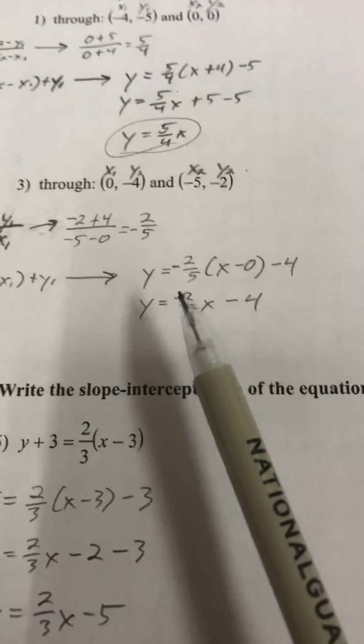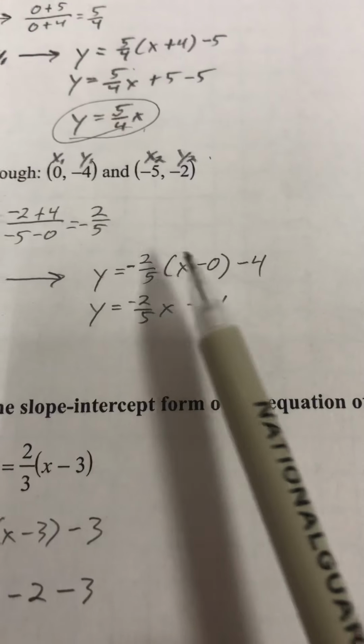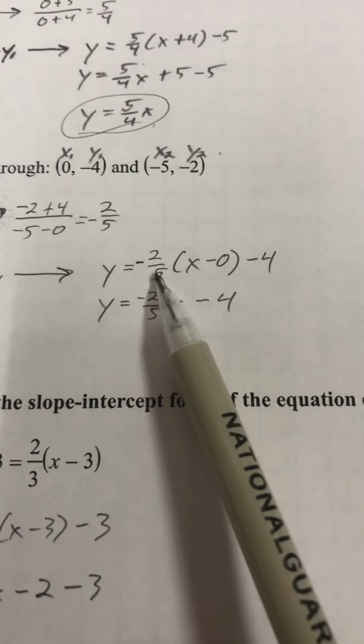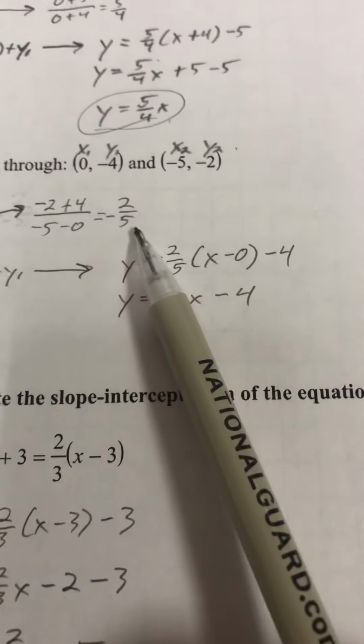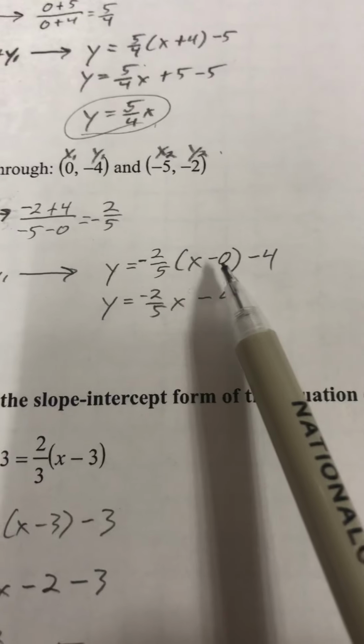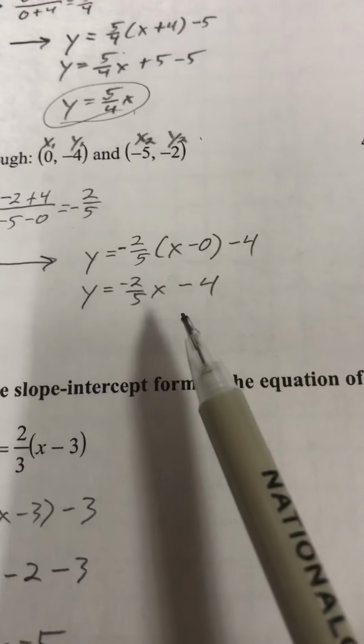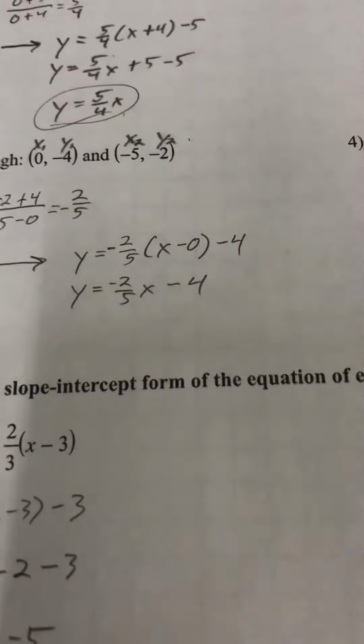I have that plus y1 in the back there, as I explained at the beginning of the video. Then I use the distributive property, use the slope that I figured out earlier, plug in my x1 and my y1, and I end up getting this equation.